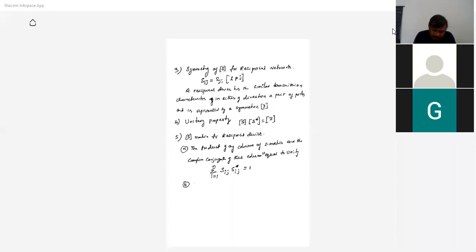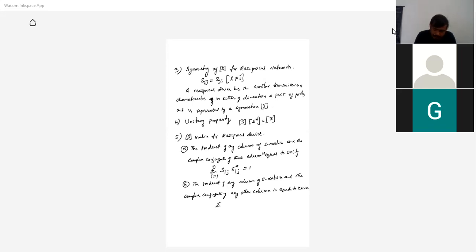Then B: the product of any column of S matrix and the complex conjugate of any other column is equal to 0.